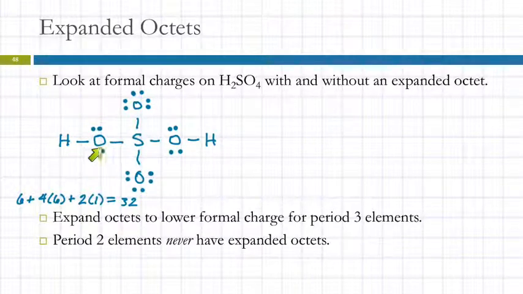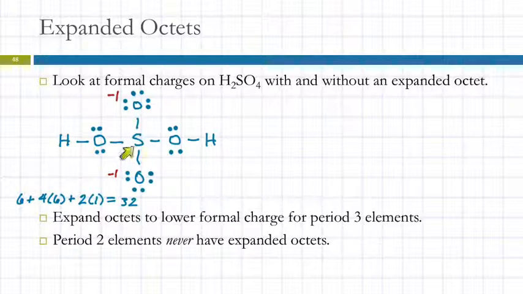It has 2 lone pairs and 2 bonds. Anytime oxygen has 2 lone pairs and 2 bonds, it's going to have 0 formal charge. This oxygen's a little different though. This has 3 lone pairs and 1 bond. And so it still brought in 6 electrons, but when it leaves, it's going to have 7. So this is going to have a -1 formal charge. And the oxygen down here is going to have a -1 formal charge.